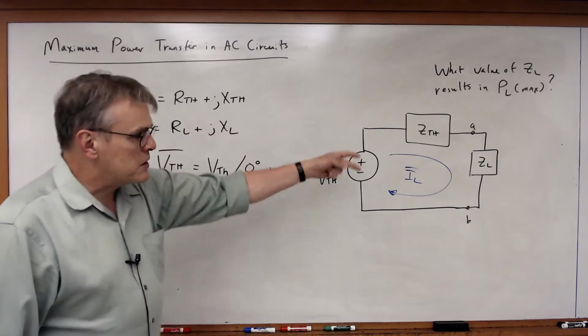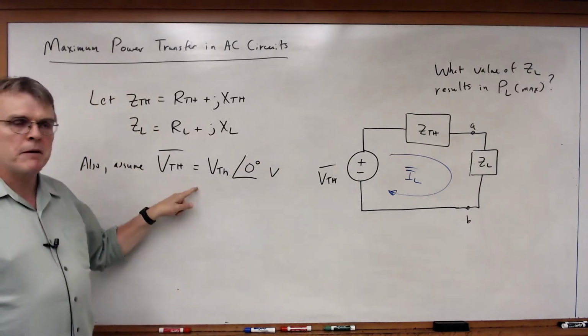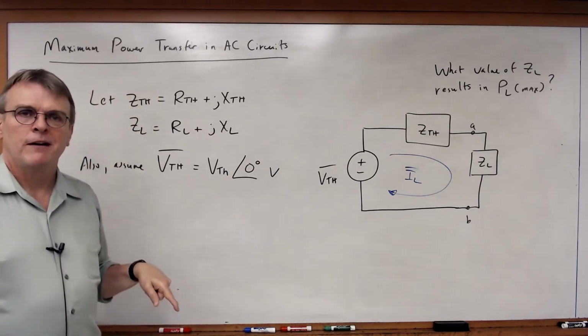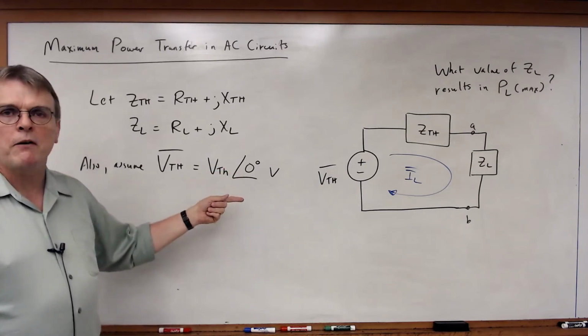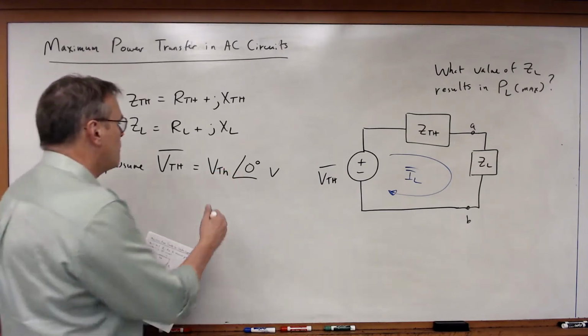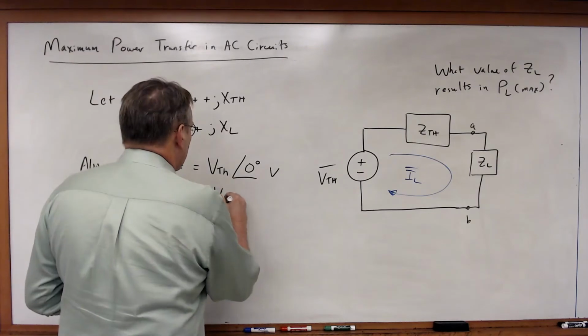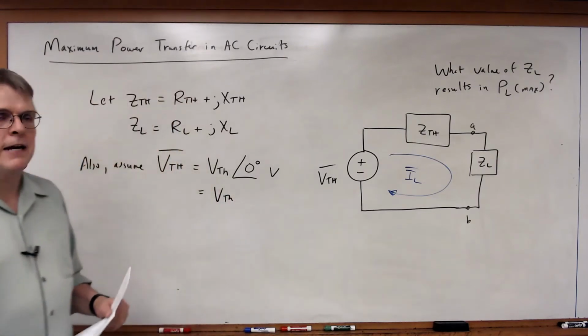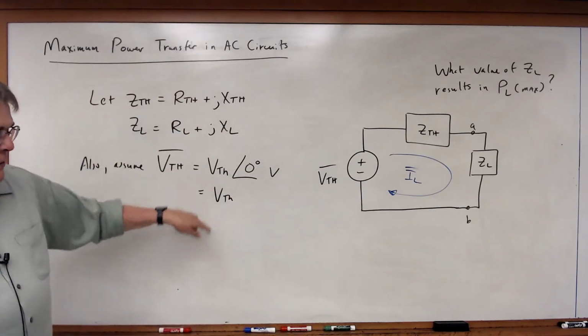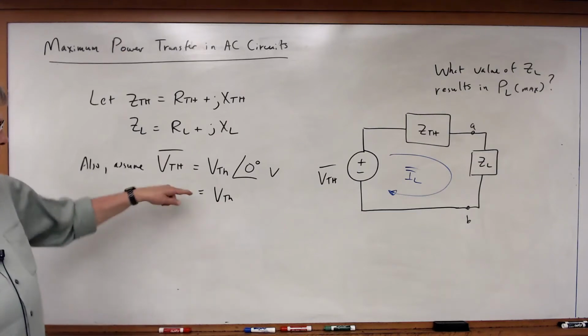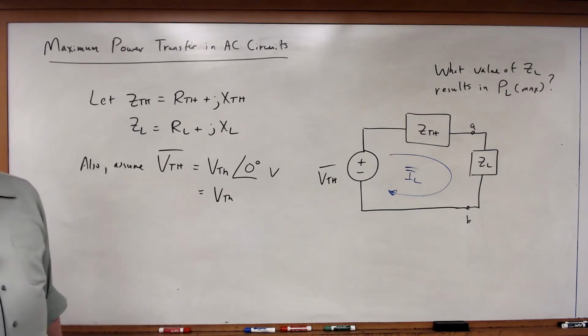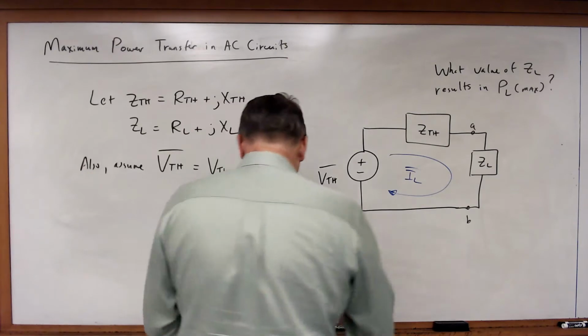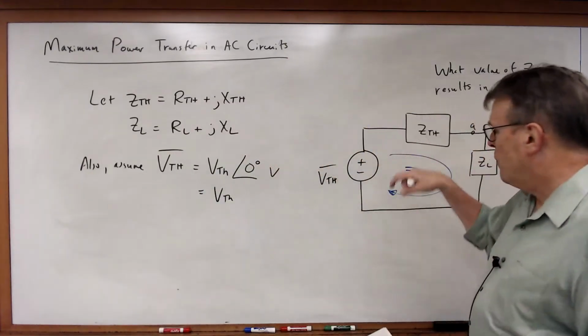Now I could make this theorem work with any value, but in this case I'm going to make it easy on myself. I'm going to pick a simple value with a 0 degrees phase angle, which means I will have simply VTH, just the magnitude of this phasor in rectangular form. So given this, I can now write an equation for IL.